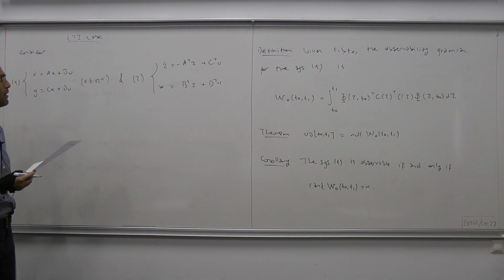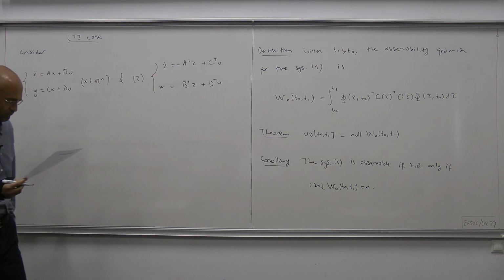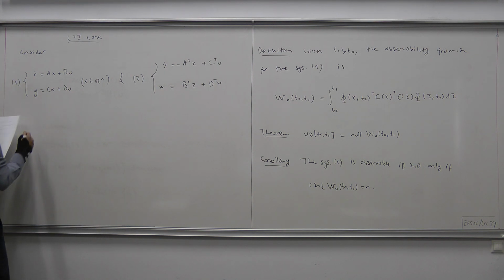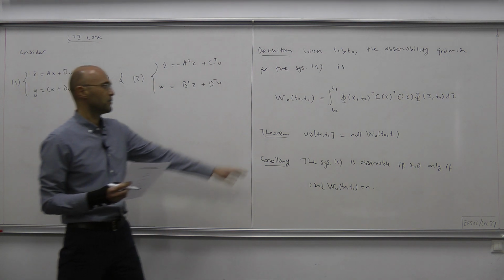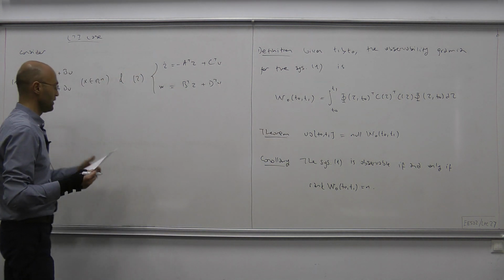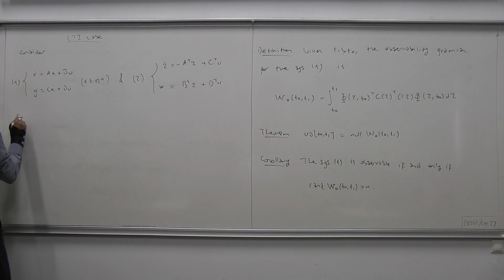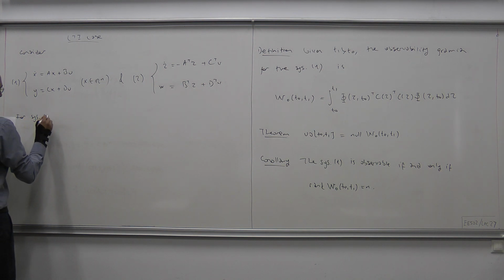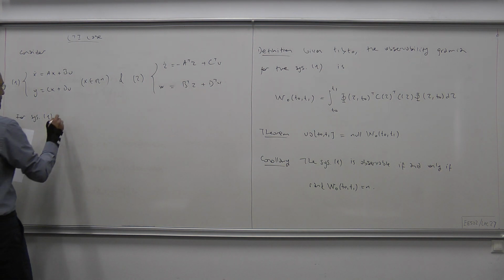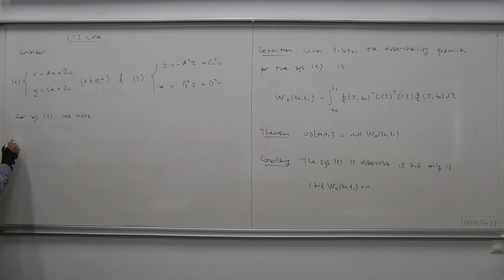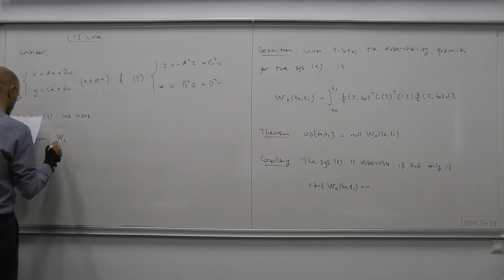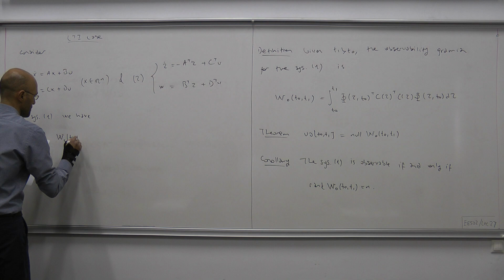Okay, now for system 1, we can write the control Lagrangian and also the observed Lagrangian, which is just defined. So let's do that. For system 1, we have the following. Controllability Lagrangian reads W_C T0, T1.